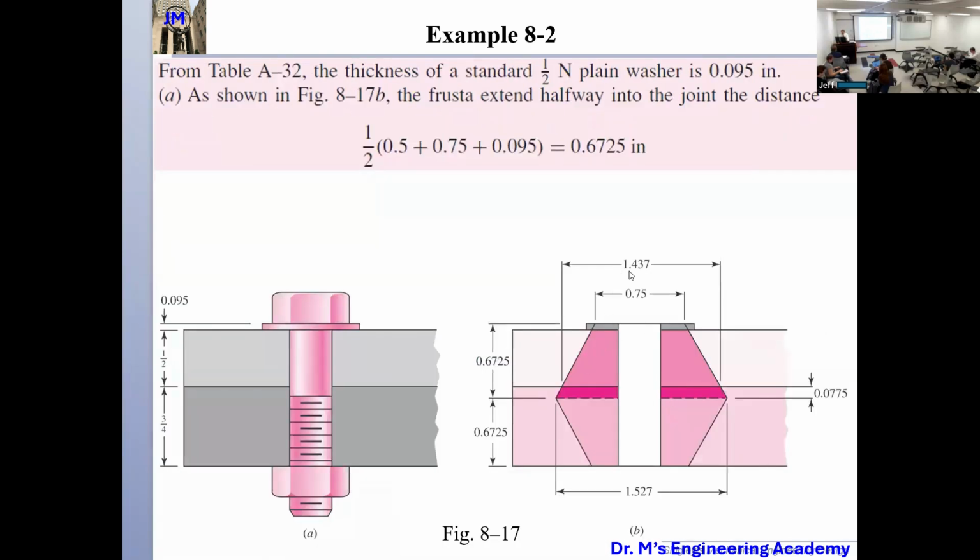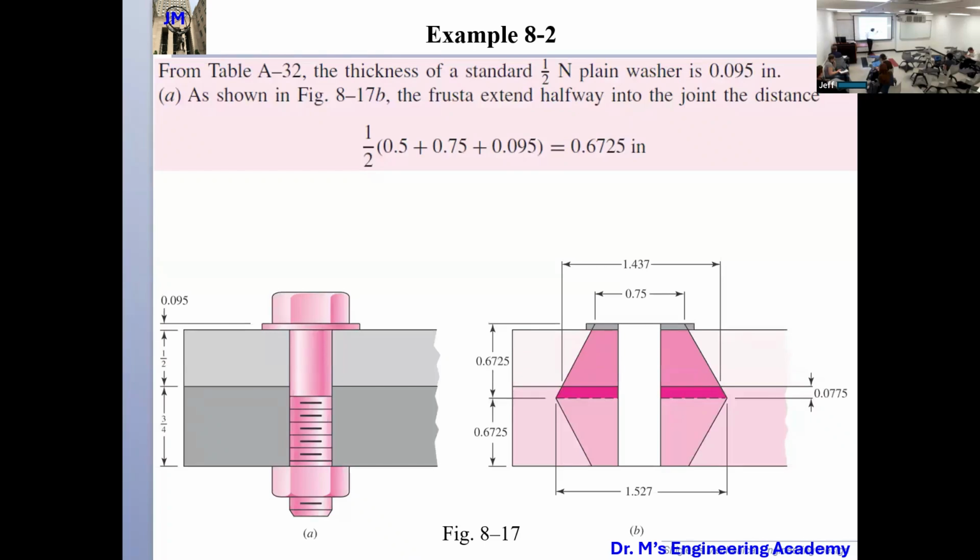So how do we calculate 1.437x? As I said, I know the distance from here to here. I also know here is a 30 degree angle.